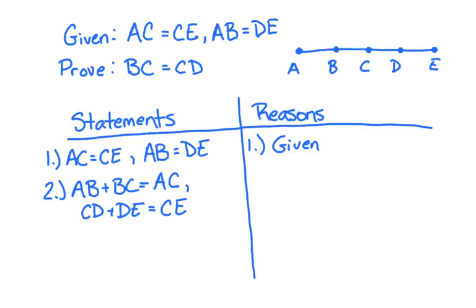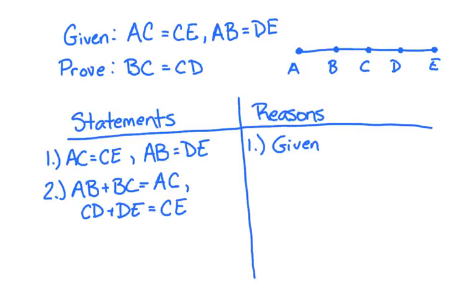We can't necessarily show that step 2 comes from step 1 like we've done with algebraic proofs in the past. What step 2 is, is the segment addition postulate, and that is often or almost always used whenever we are proving segments congruent or segments equal to each other. And in this case, we are proving segments are equal to each other.